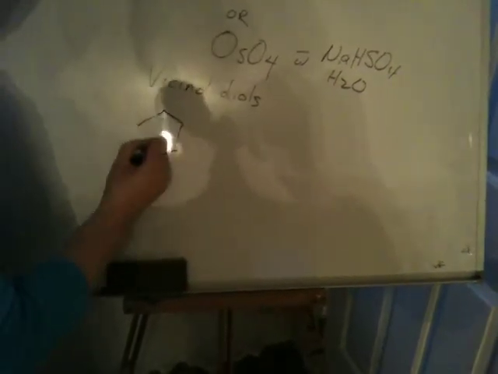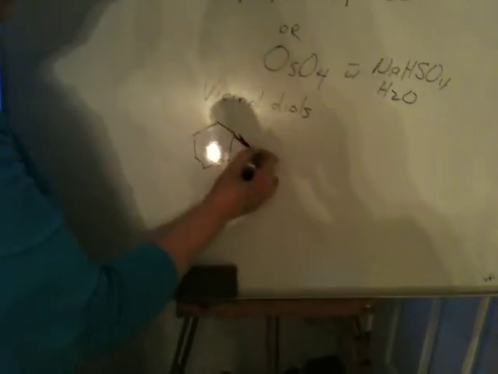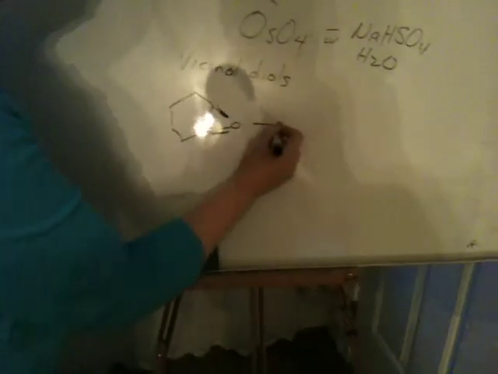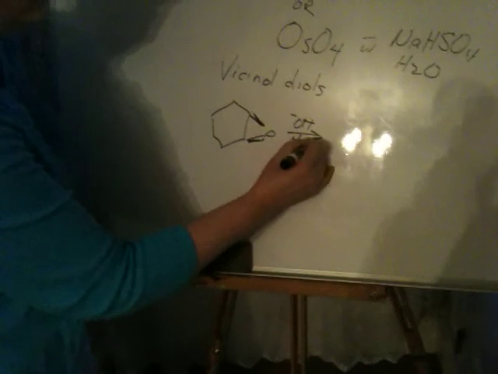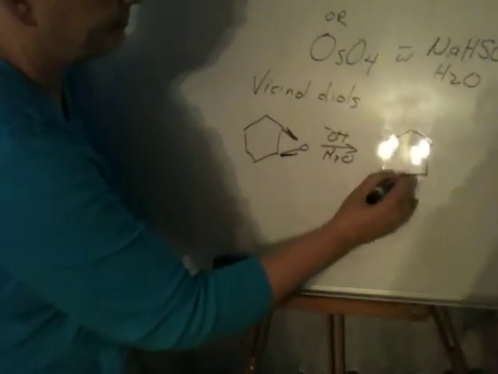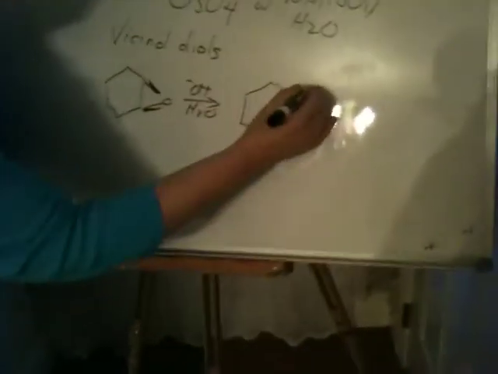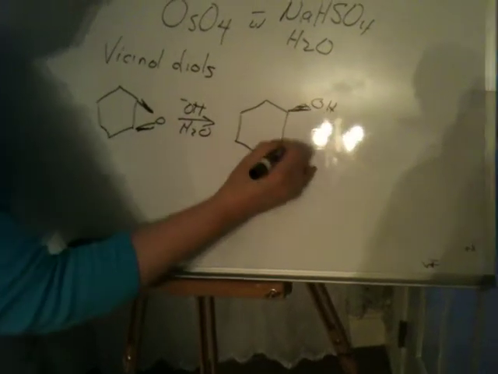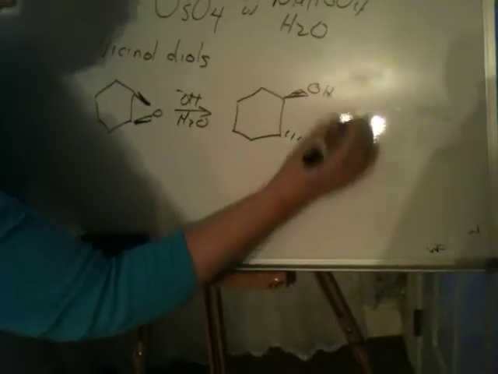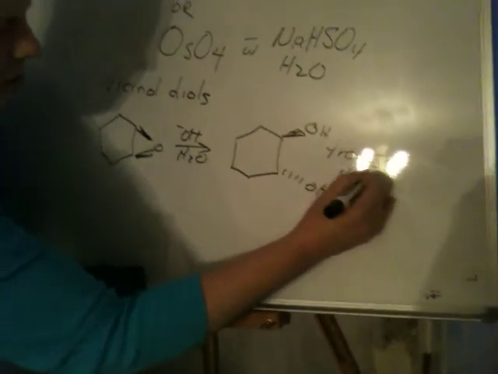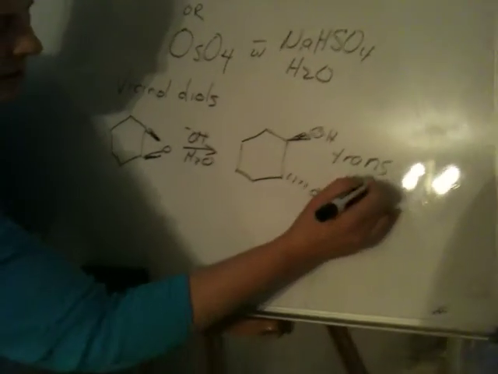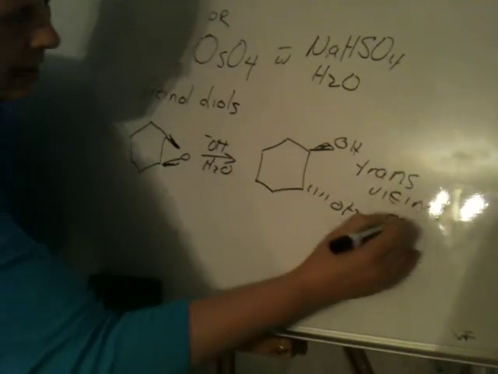If you have an epoxide and you add OH minus to it with some water, you will make what is called a trans vicinal diol.